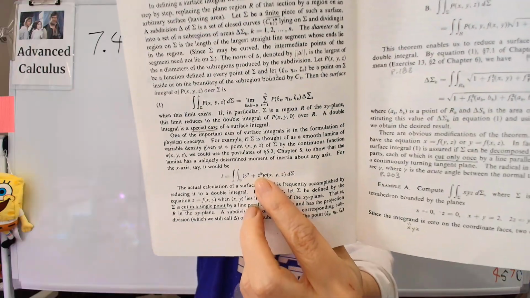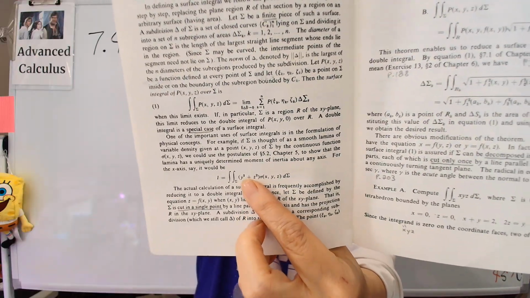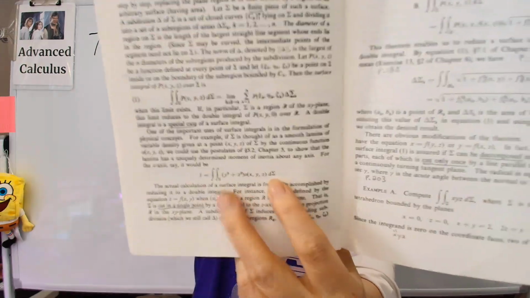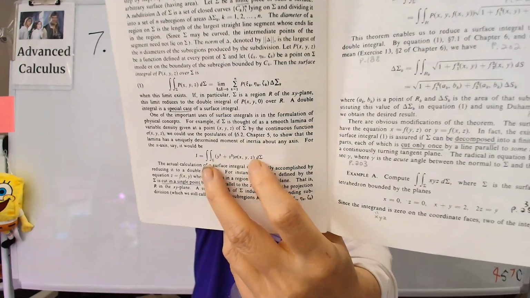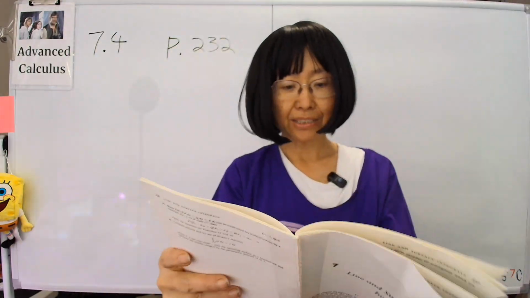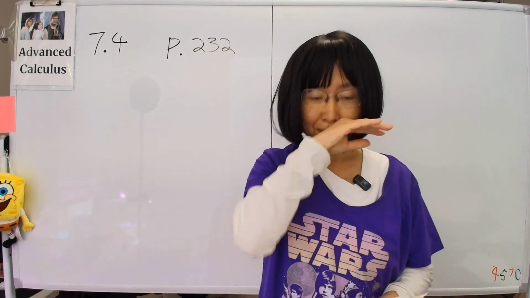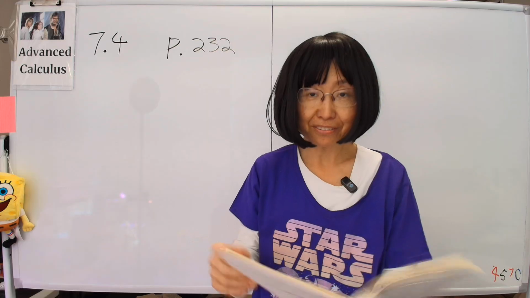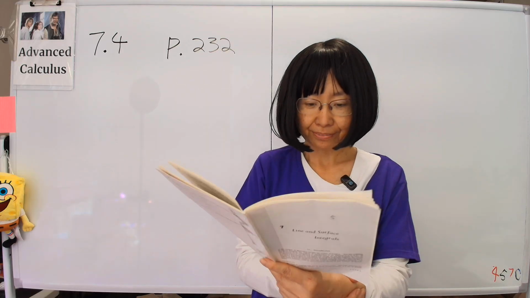That's the r squared, the radial distance from the x-axis, times the density, okay? Then we integrate d sigma over the sigma surface. And by the time you get out of all that integration, you will get the moment of inertia of your surface.